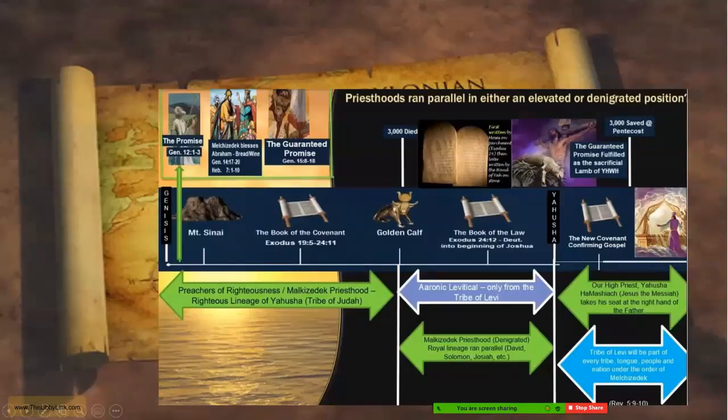And we know that Yahushua was born under the book of the law, but at the same time, Yahushua was ushering in the new covenant confirming gospel, and once again elevating the Melchizedek priesthood to the elevated position where he rules and reigns as high priest. And 3,000 were saved in Acts, as we read on Pentecost.